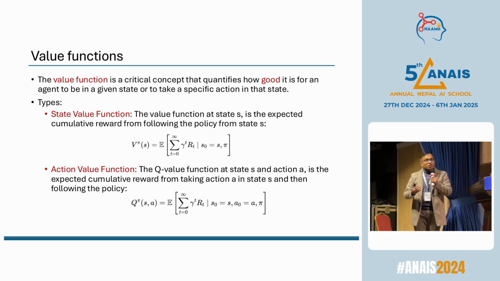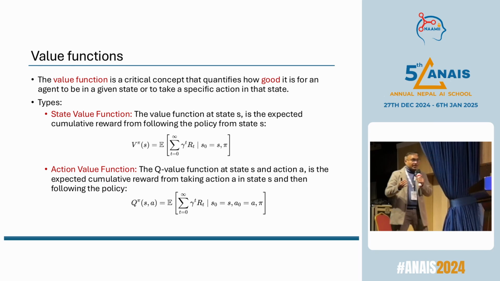Now, if I move to the right side, after taking a certain action my position is somewhere over here. Now this is again a state, right? But how good is this state? There is a function, which we call the state value function, that measures the goodness of this position. It measures how good it is to be in this state.